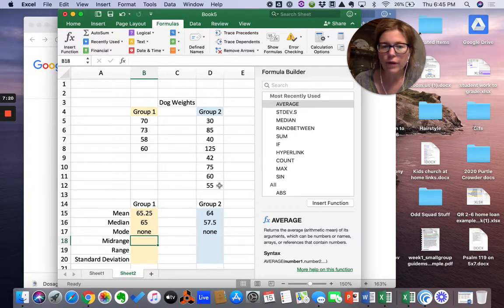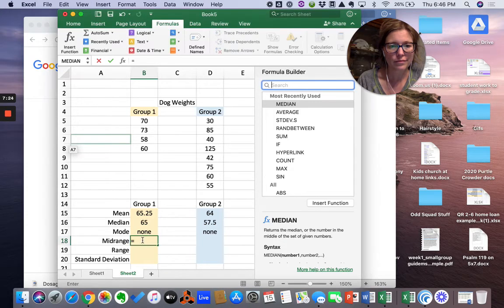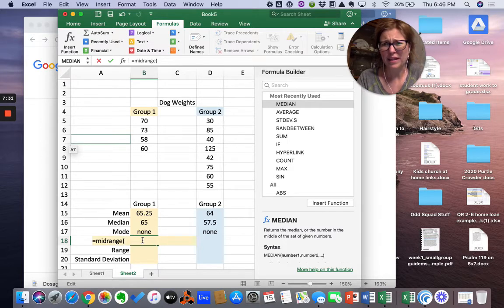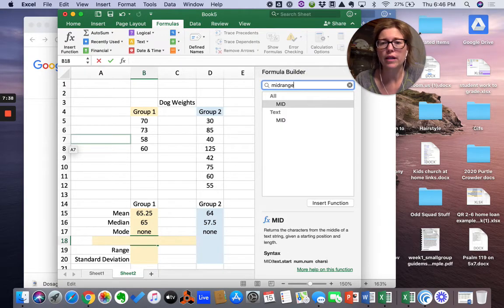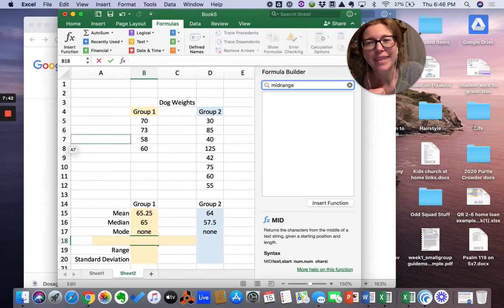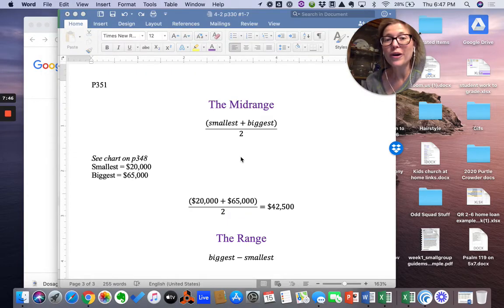Okay, mid-range. So I start typing mid-range. Oh, and nothing popped up automatically. Let's go over here and look for it. Mid-range. There isn't one. I actually knew there wasn't one, but I'll tell you what to do. Remember how mid-range is the smallest plus the biggest divided by 2? We can do that.